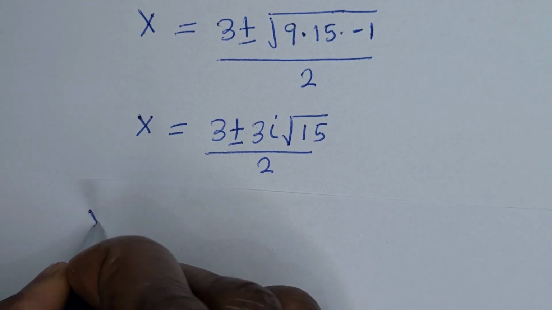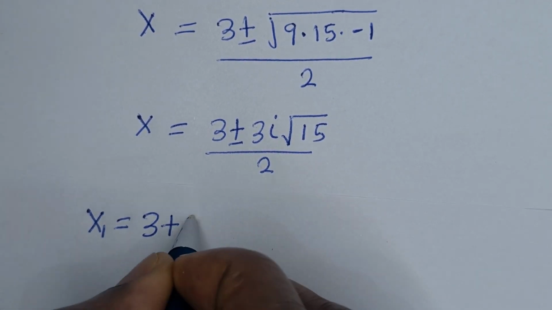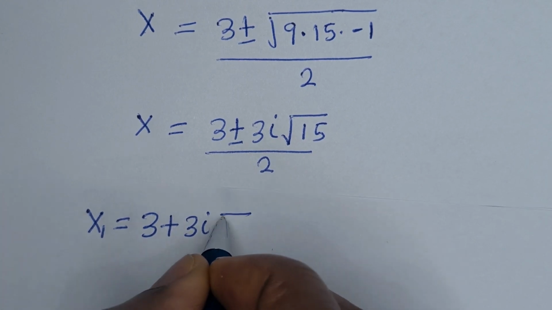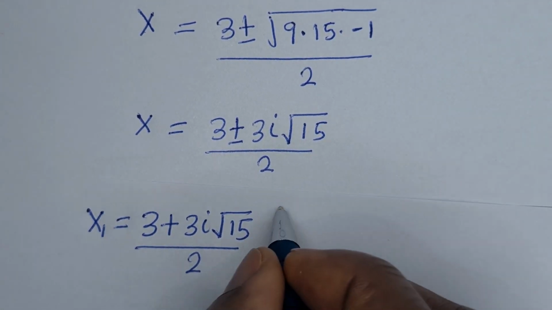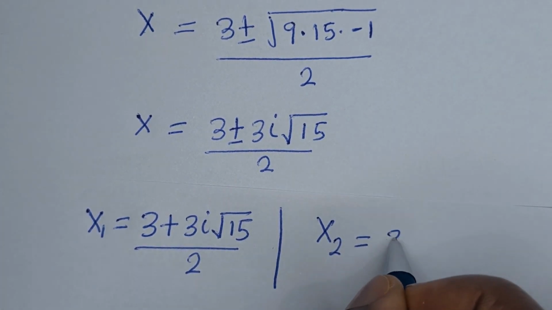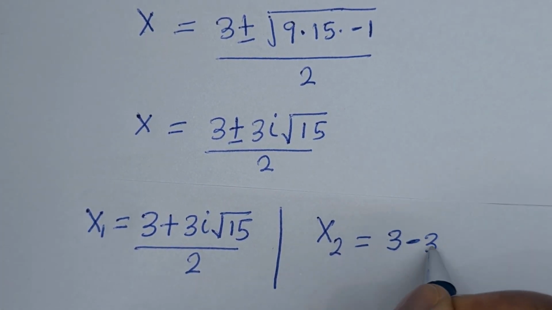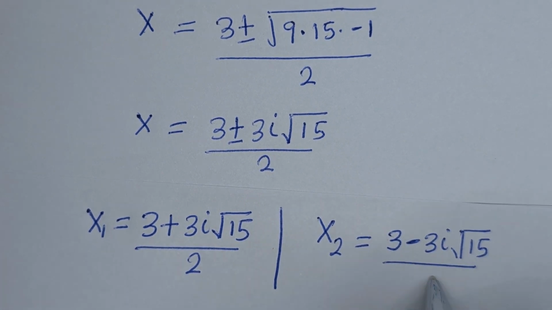From here, x1 is equal to 3 plus 3i square root of 15 over 2. Then x2 is equal to 3 minus 3i square root of 15 over 2.